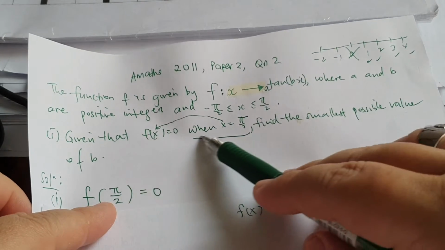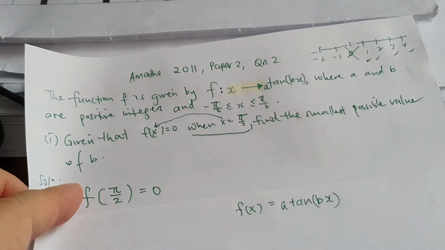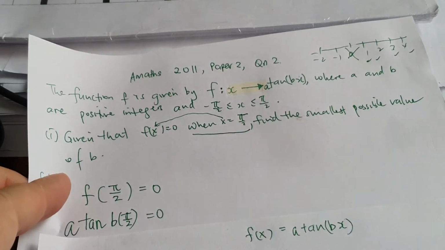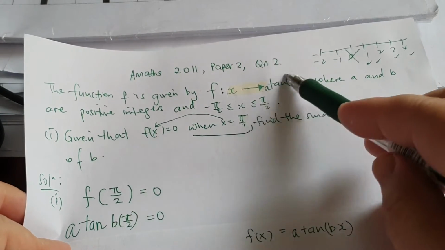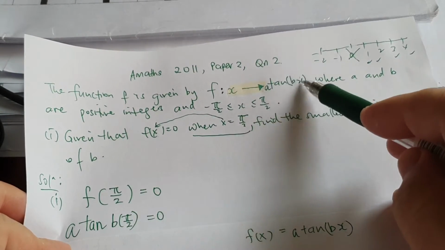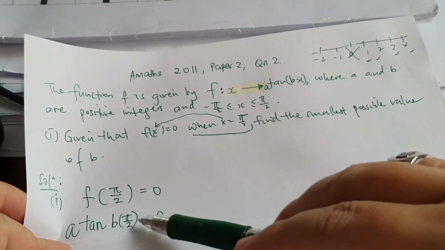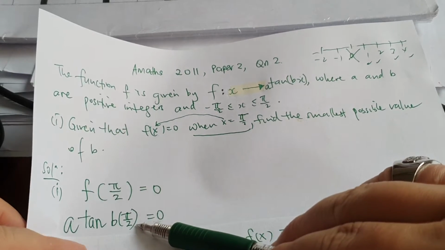That's what they're trying to tell us here, which is shown in the next step. Isn't this f(x) this fella? And if I replace the x by π/2, isn't it just like that? Then how do you continue from here?